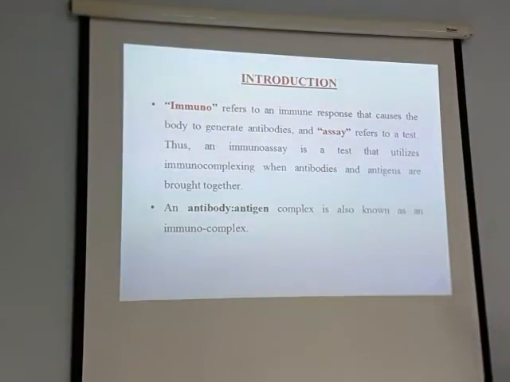So immunoassay is a test that utilizes immune complexing when antibodies and antigens are brought together. Then, when the antigens and antibodies come together, we are going to estimate. That type of technique is called immunoassay. The antigen-antibody complex is also known as immune complex. So is it clear what the immune complex is, okay?